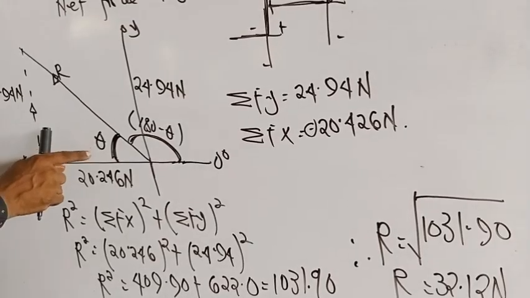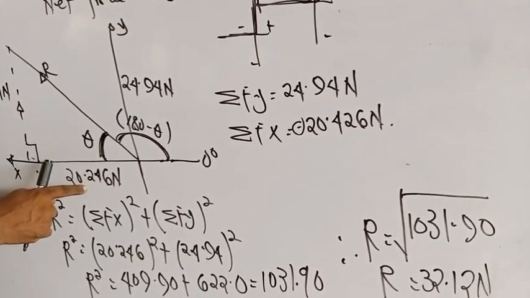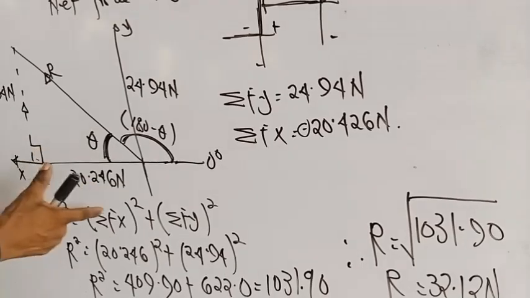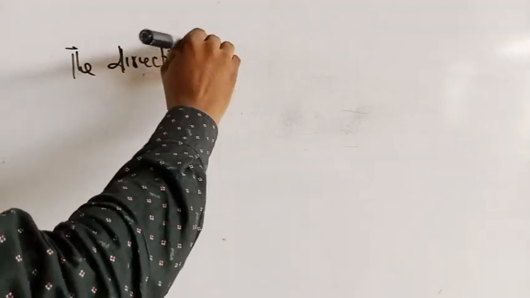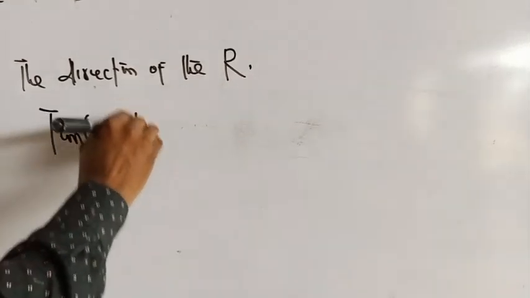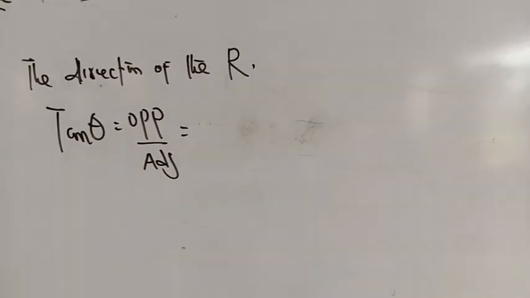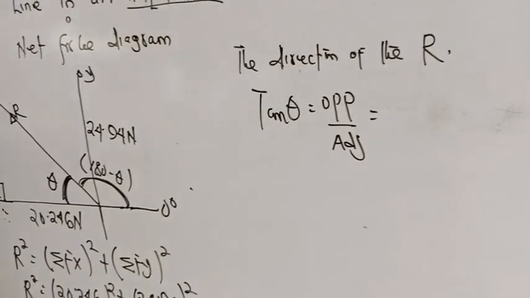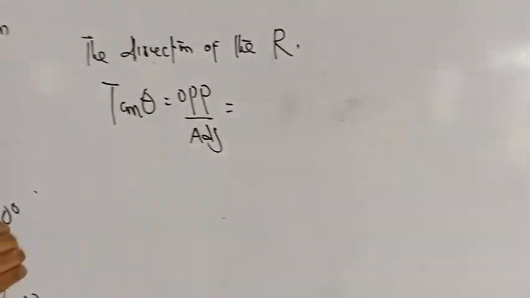To get theta, I need to apply SOHCAHTOA, which is opposite and adjacent. Opposite over adjacent, according to SOHCAHTOA, is tan theta. So for the direction of the resultant force, we have tan theta as opposite over adjacent. The opposite is our vertical force, which is 24.94.